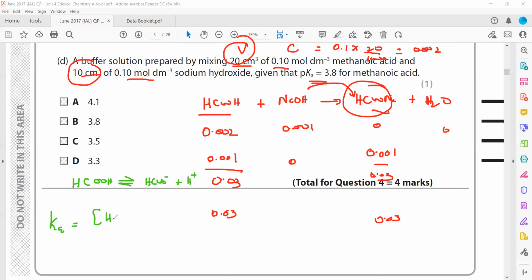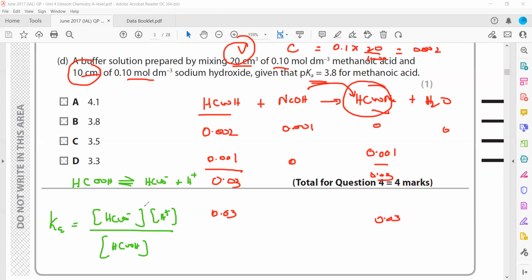So it will be HCOO- times the hydrogen ion, divided by the concentration of the acid, HCOOH. How can this formula be modified to pKa? We have the same concentration for the acid and the salt.